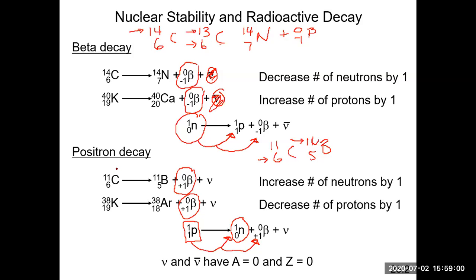This also should have dropped to 10, right? Because it came out of both places. And when we add it back to here, we get back to our 11 in that case. Again, because the proton would have come out of both places, as the top number is protons and neutrons. And so again, a positron really converts a proton into a neutron, and in the process of that will release a positron particle.